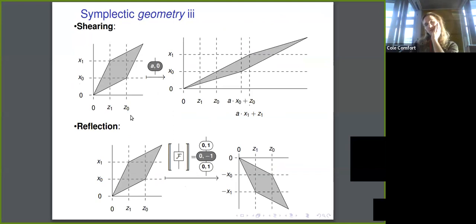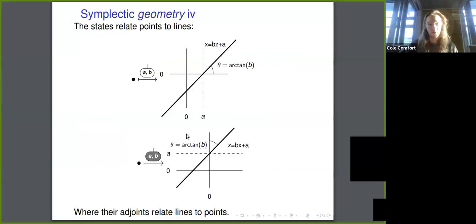And you can also do shearing, which has the same effect. Shearing preserves volume. So if you take the top and just drag it along, shear it with A, then it has the same volume. And the Fourier transform is some kind of reflection, which also preserves the volume and orientation, for example.